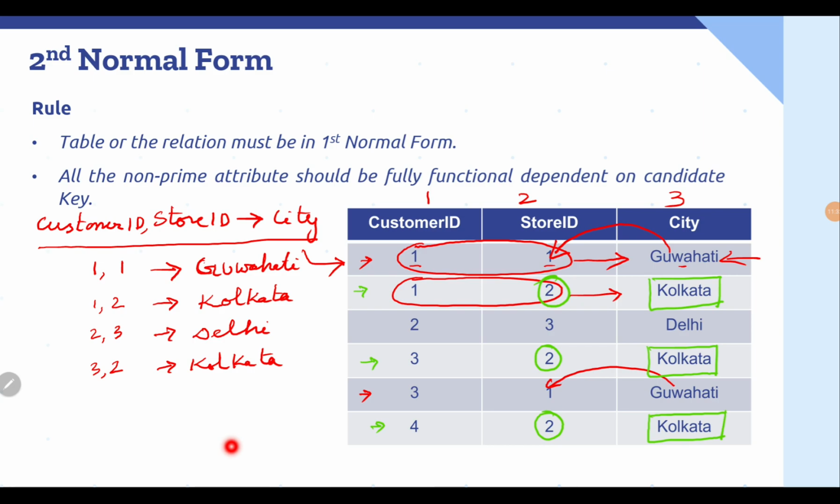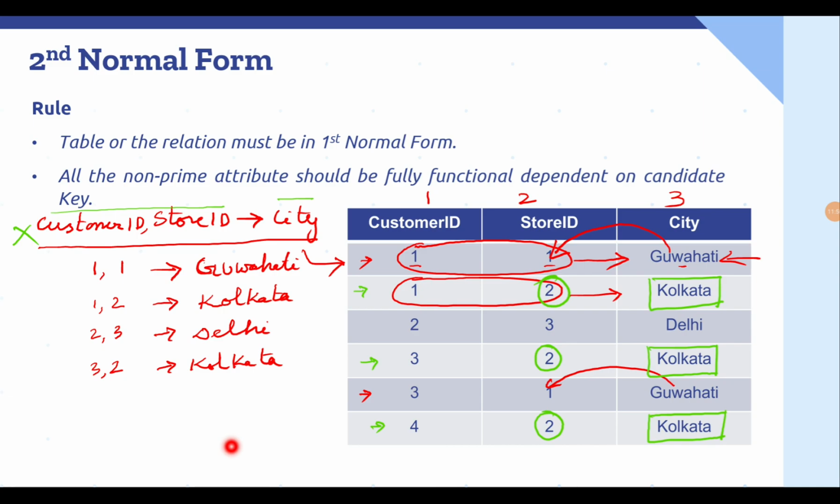So from this we are coming to the conclusion that the logic we have written, that customer ID and store ID determine city, is not correct. This part is not at all correct in this example.